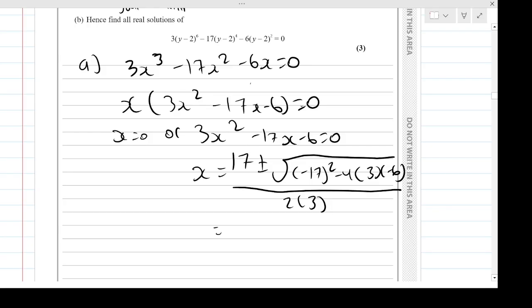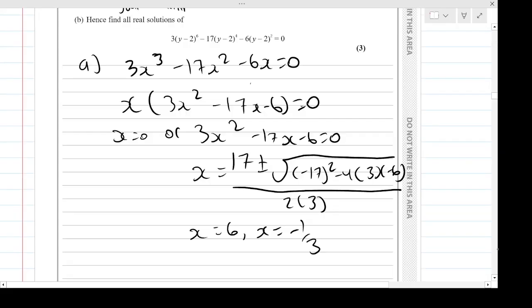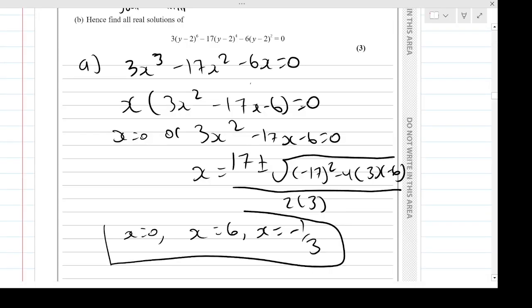But I've shown my working. And so the solutions I get are x is 6 or x is minus a third. There. Okay, x is 0, 6 or minus a third.